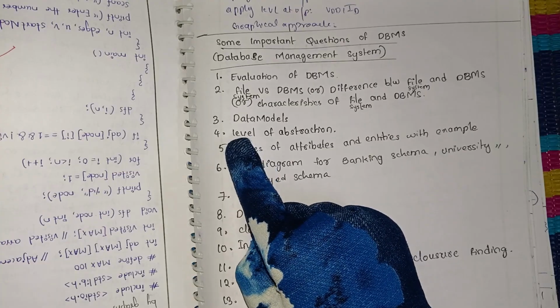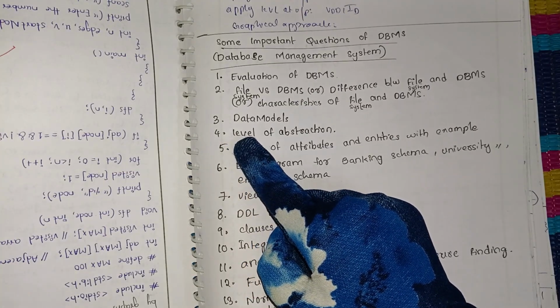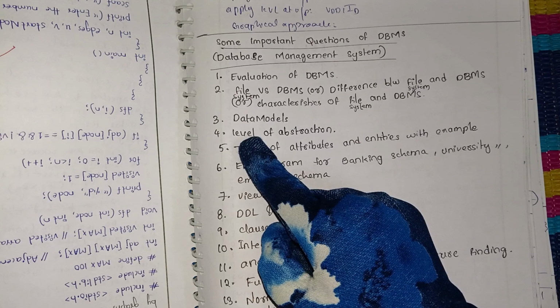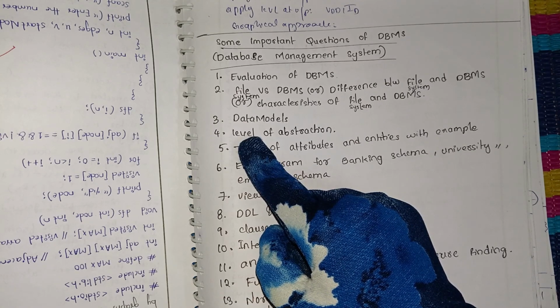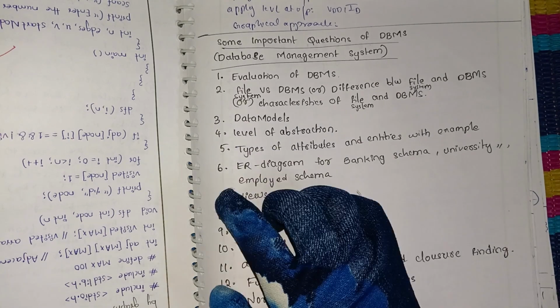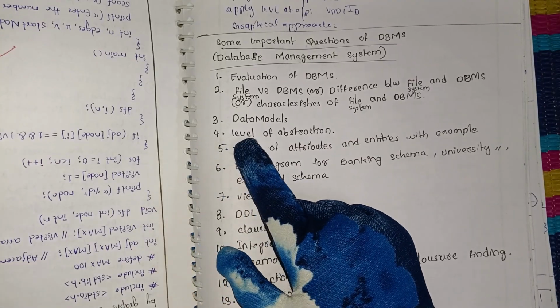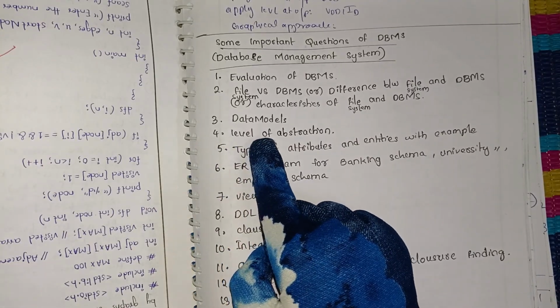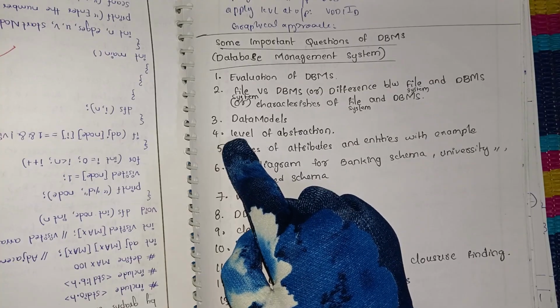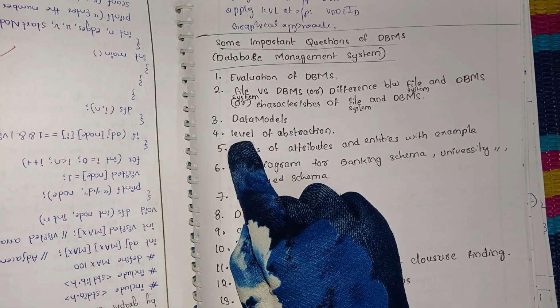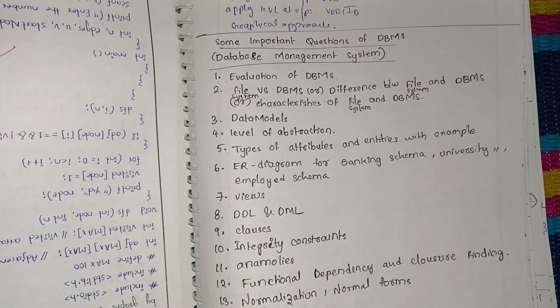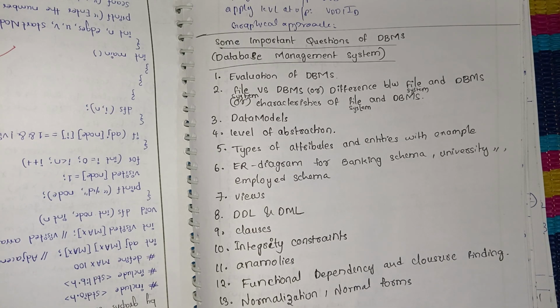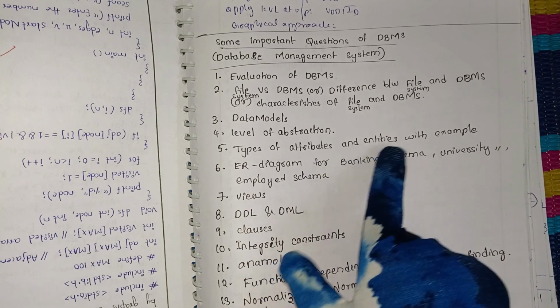The fourth important question and its answer, I have explained in the fourth part of the third video. That is the object based data model. Okay, so in this class I will explain types of attributes and entities with example.